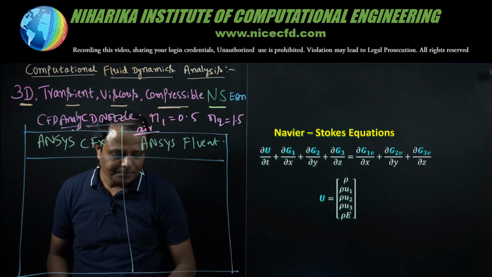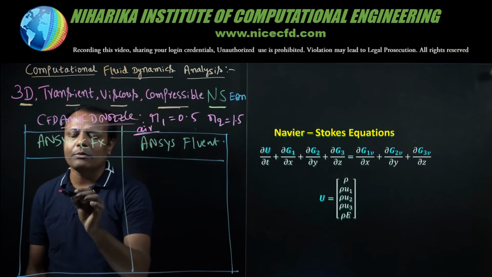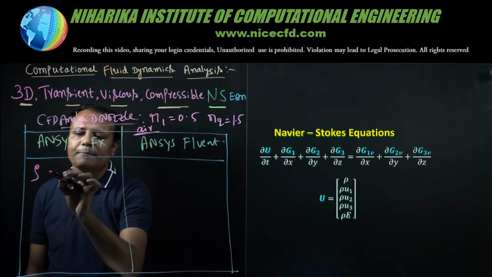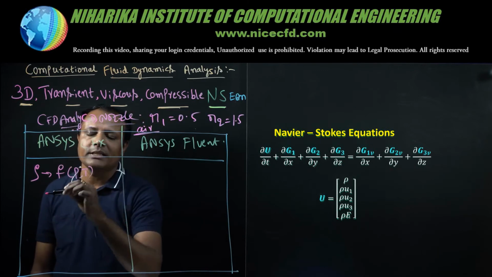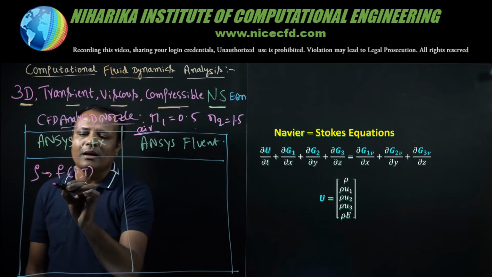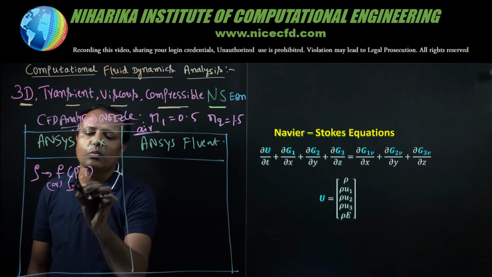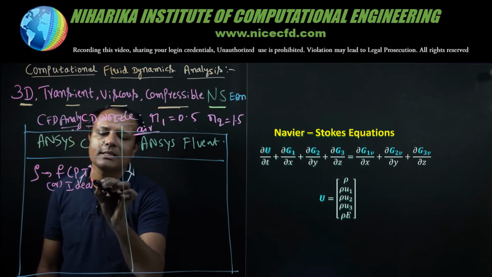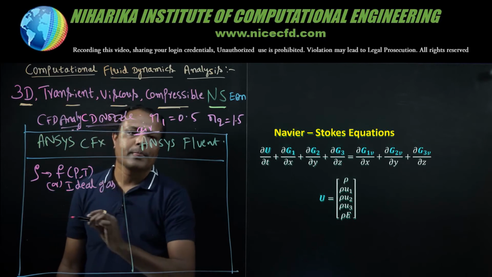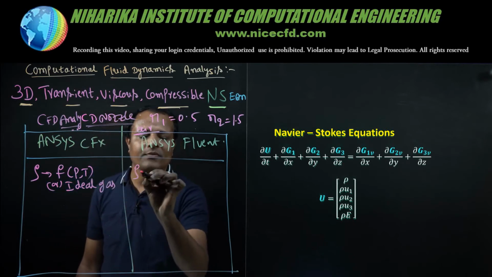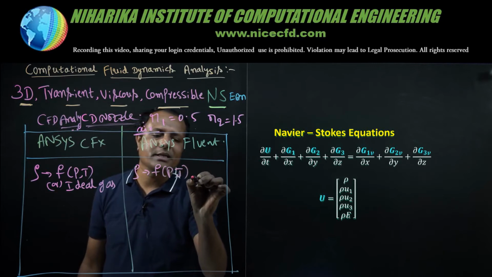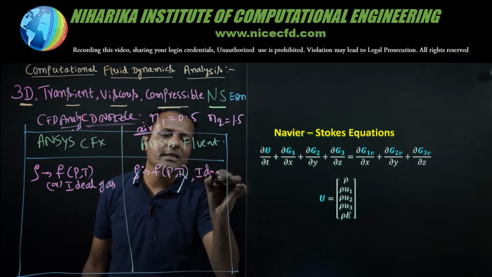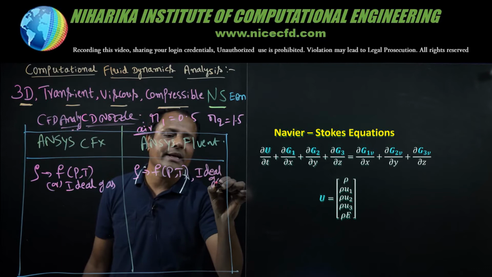Now, the first thing I have to do is density. Density should be modeled as a function of pressure and temperature, or in other words, you can see in the solver, ideal gas. So in ANSYS Fluent also you should model it as a function of pressure and temperature, or in other words, air ideal gas.